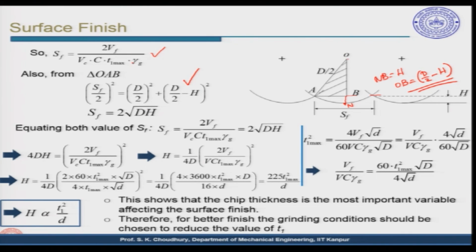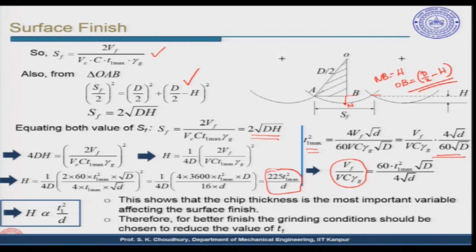Therefore, you equalize them, because this is also the SF value, and you will find that SF is equal to 2 root over DH if you solve this equation. From here, since we have the T1 maximum, you find Vf divided by Vc into gamma g, segregate that, put it in here, and finally the H value comes out as 225.